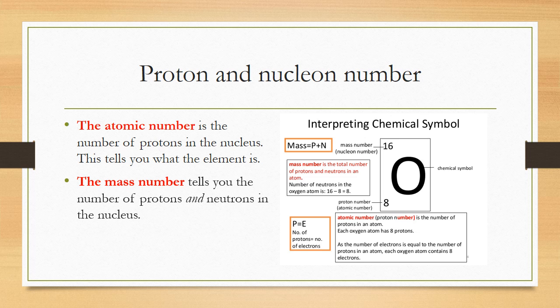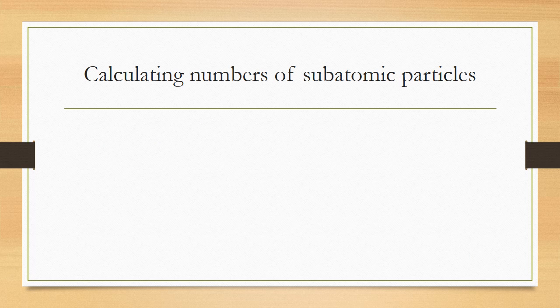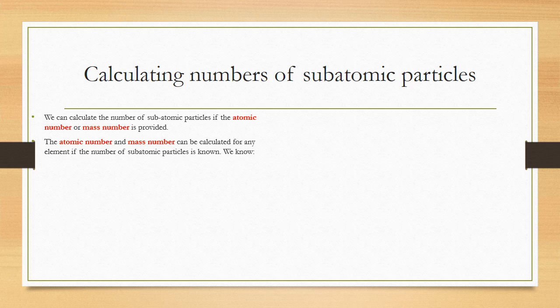It's the top number. So in terms of calculating numbers of subatomic particles, we can calculate the number of subatomic particles if we have the atomic number or proton number or the mass or nucleon number. That will be given to you in tests or exams.